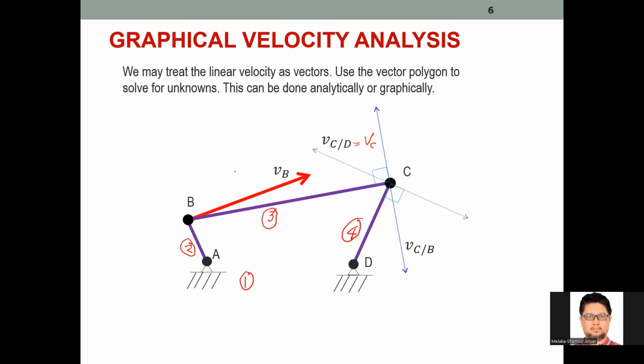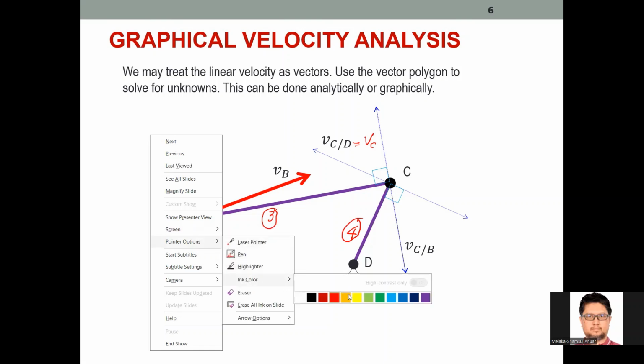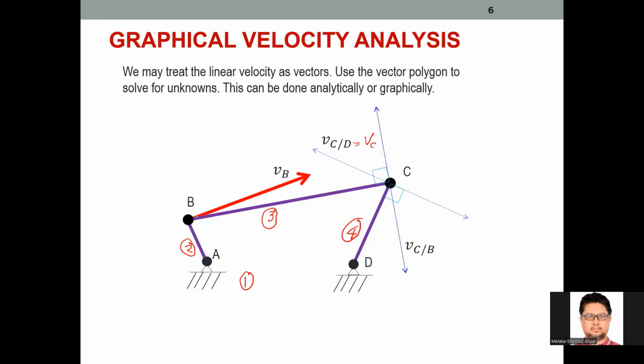Okay, we change ink color. We can also have a perpendicular over here. We do not know whether it's going that way or this way, so it's supposed to be perpendicular.